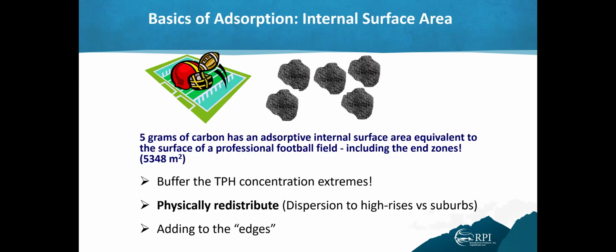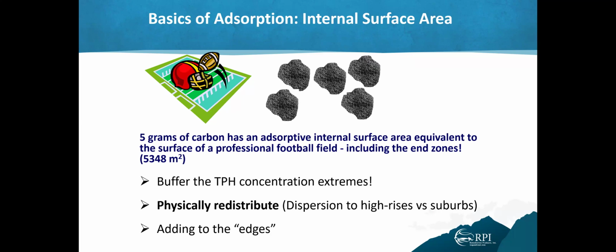So the carbon element itself, what would that be doing for you in natural source zone depletion? Well, as I mentioned earlier, you're going to buffer the TPH concentration extremes, because while microbes can degrade hydrocarbons, there is a sweet spot where too low or too high doesn't get you your best degradation rate. So to be able to distribute over an area and get those concentrations about where you need them increases your degradation rate.